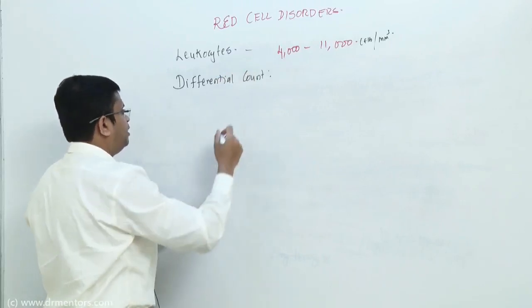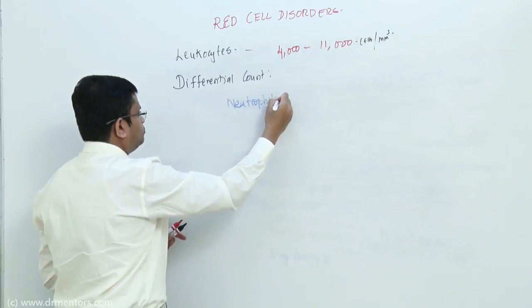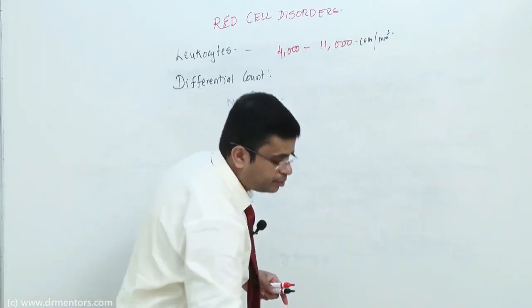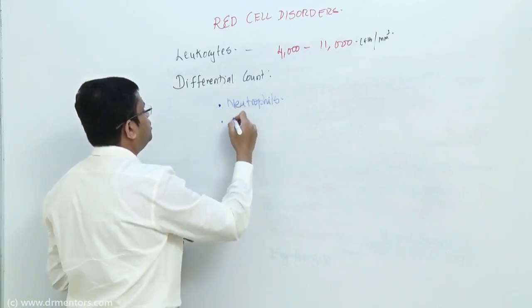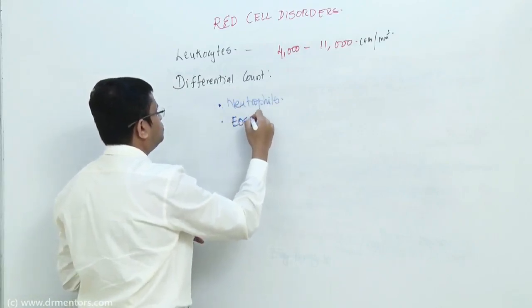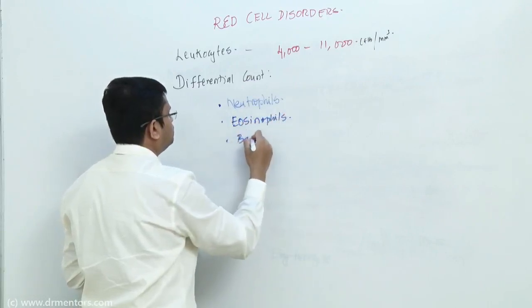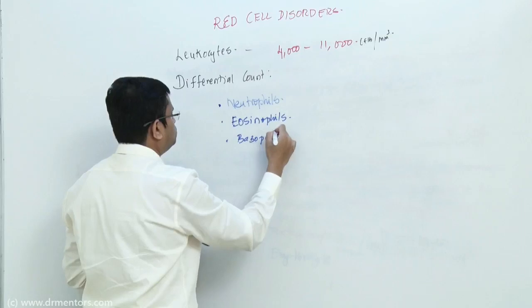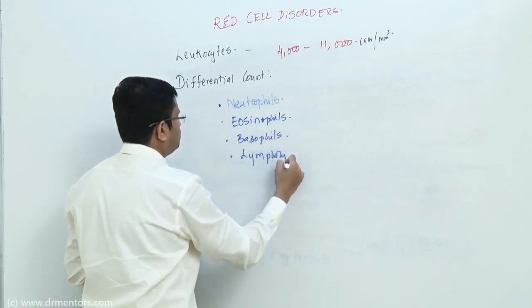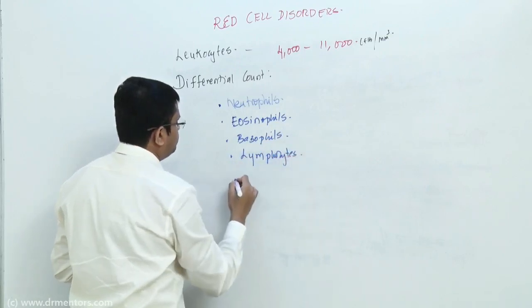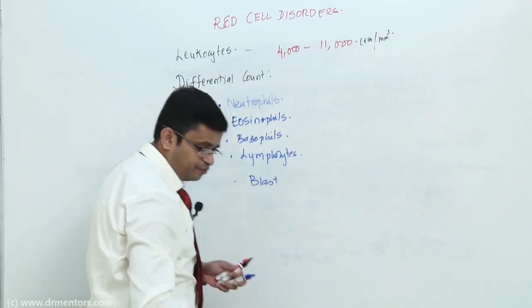We have neutrophils, eosinophils, basophils, lymphocytes, and then the band forms.